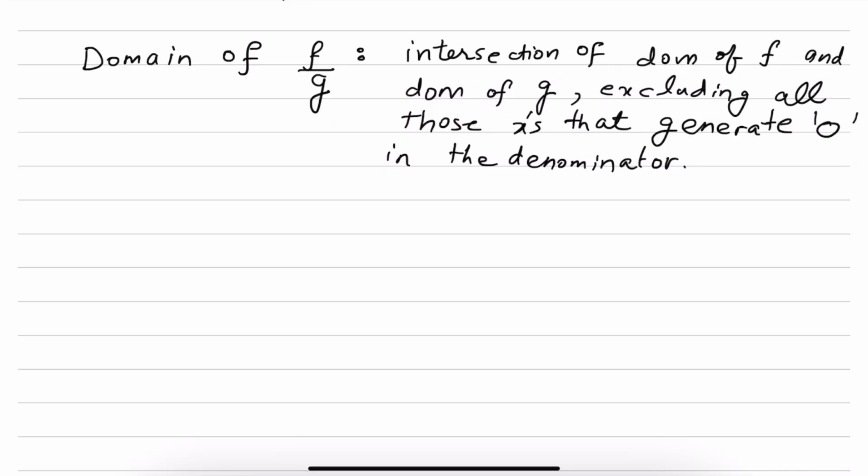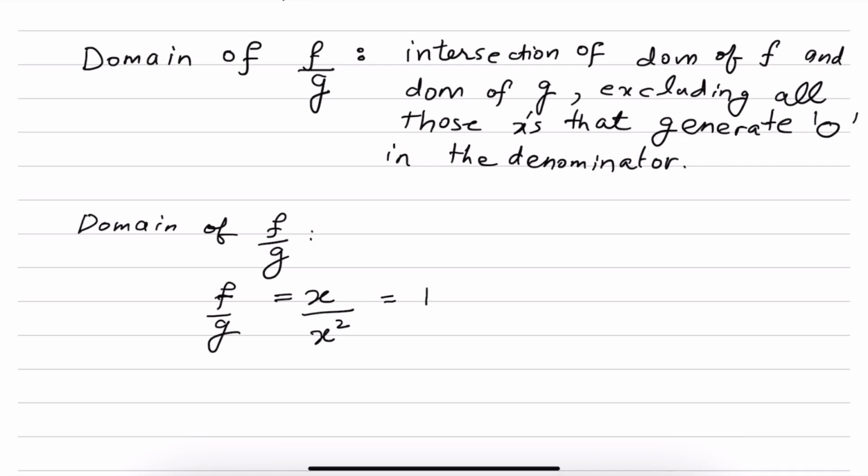Now in our particular case, the function f is x and function g is x square. So what would be the domain in this case? Domain of f by g. First of all, we will write f by g, it is x over x square, which gives us 1 over x.